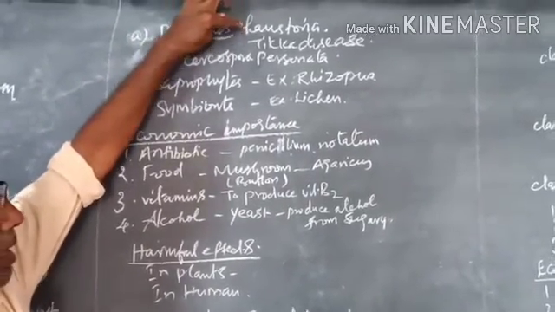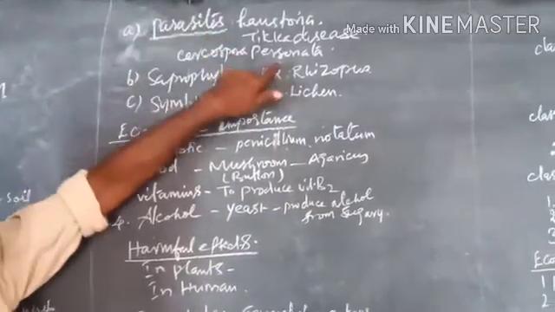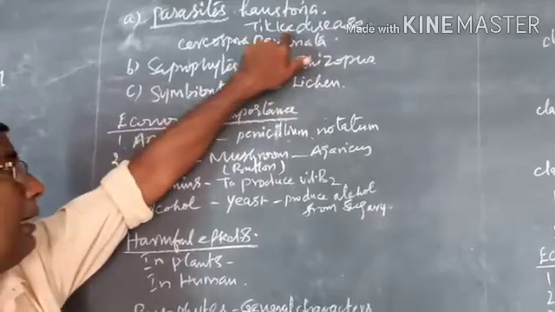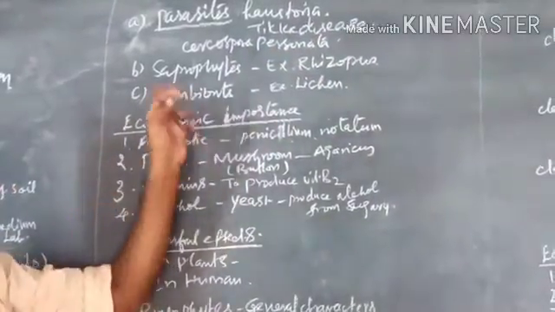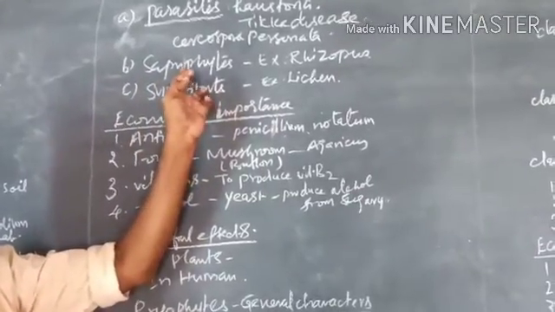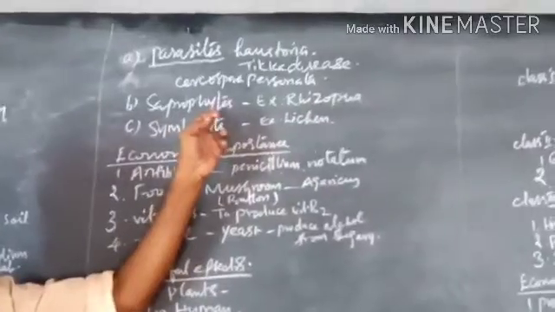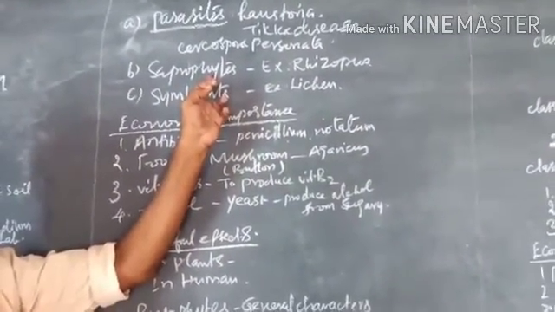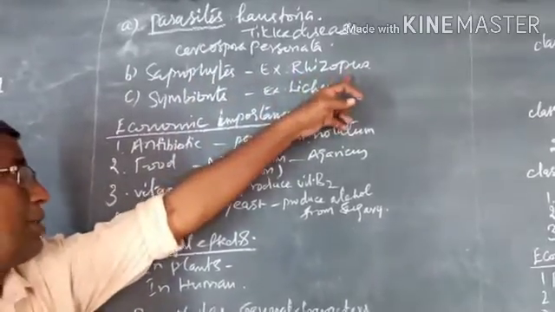Example, Haustoria, and Cercospora personata, which causes a disease in groundnut called Tikka disease. Saprophytes depend upon dead and decaying organisms. They decompose the dead and decaying organisms from which they get their food. Example, Rhizopus.